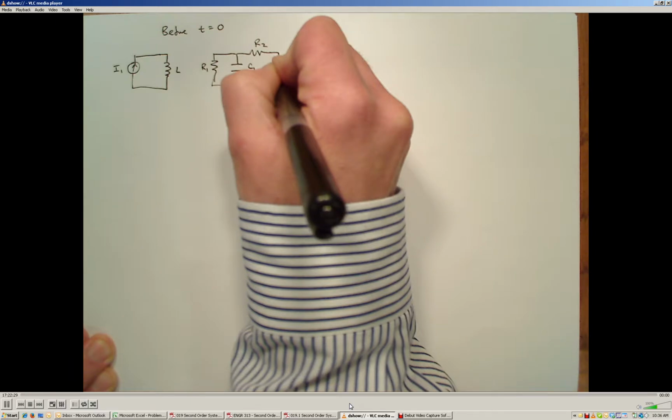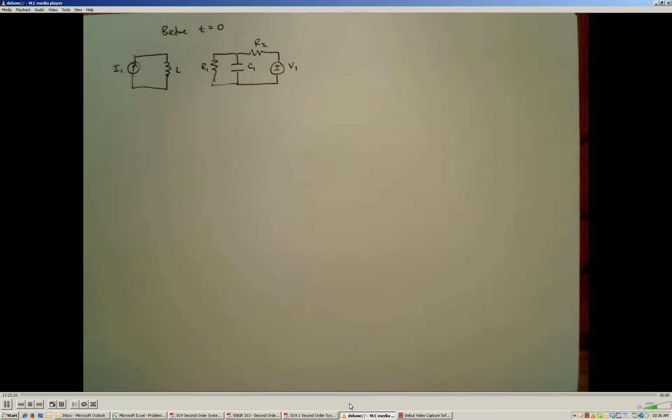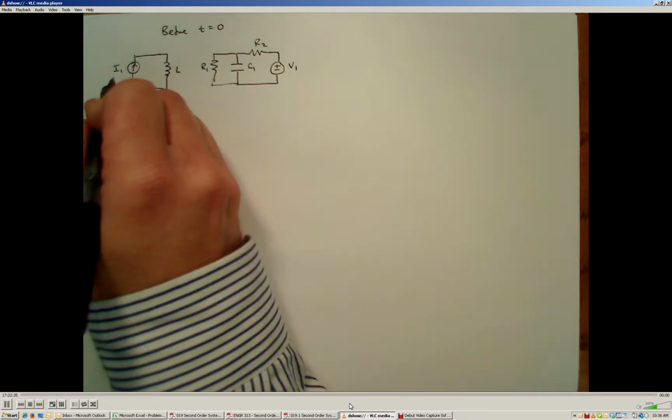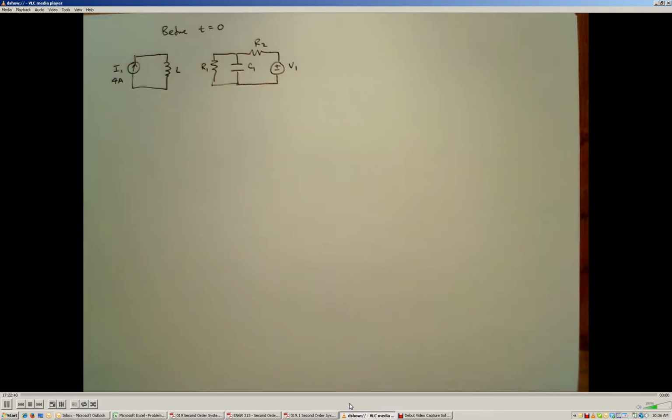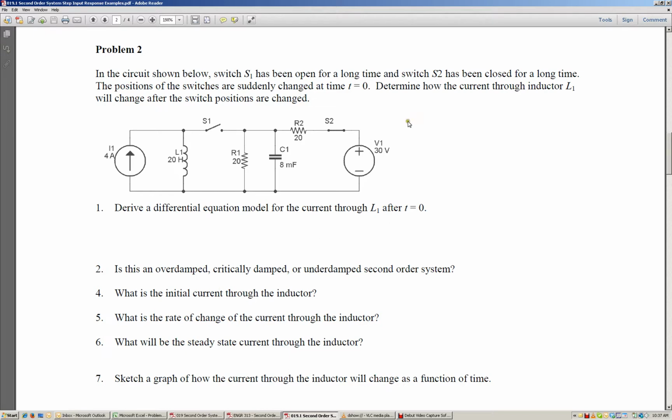We know that the current supply is 4 amps, the constant voltage supply is 30 volts, and R1 and R2 are both 20 ohms.